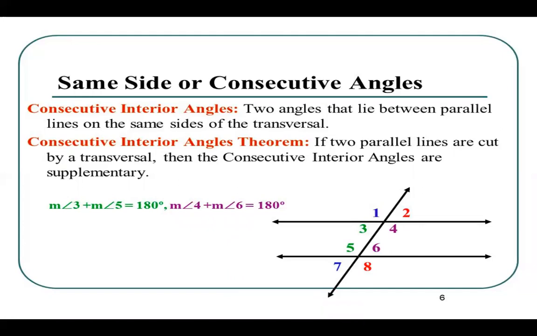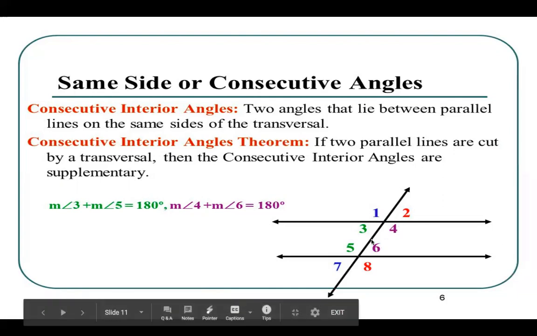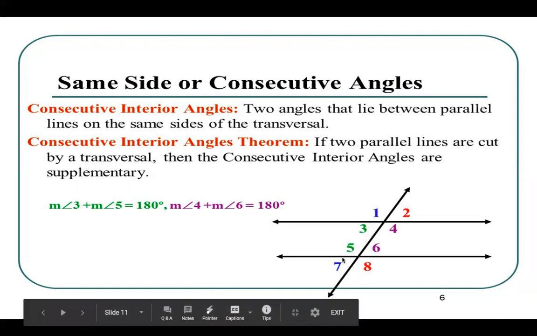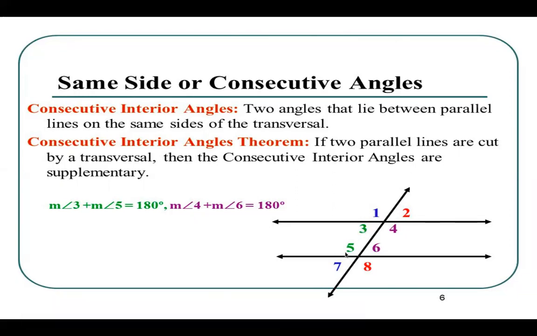two angles that lie between parallel lines. So two angles, either these two or these two, altogether 4. Two angles that lie between parallel lines on the same side of the transversal. So these two angles, because it has to be the same side. So if you add these two, it's called consecutive interior angle, which forms 180 degrees.